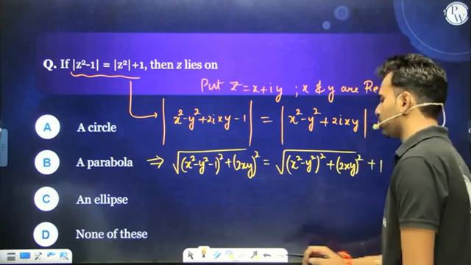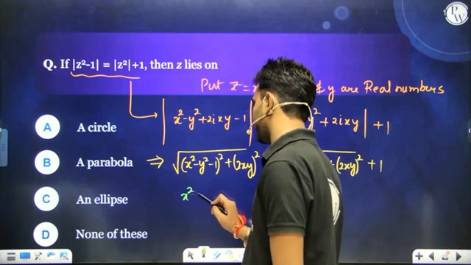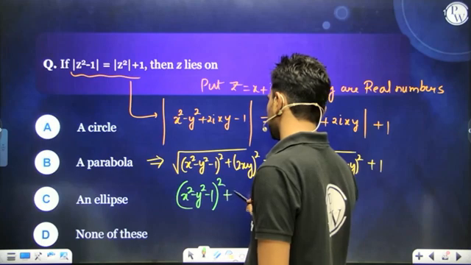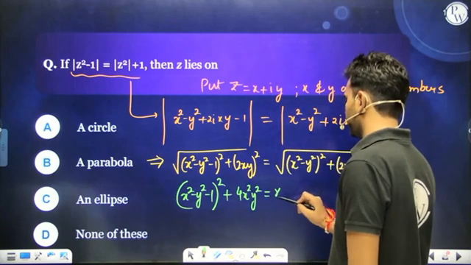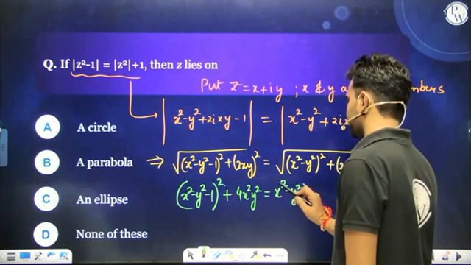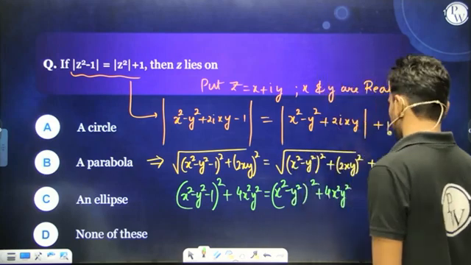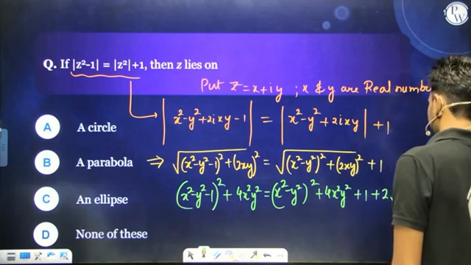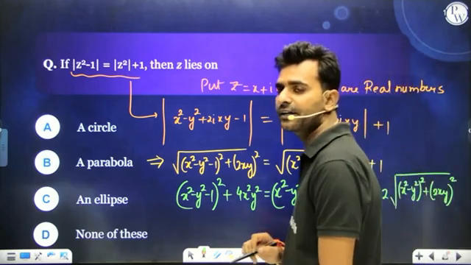Squaring both sides, if you do square both sides, then it is going to be (x square minus y square minus 1) whole square plus 4x square y square equal to, over here if you do square, then it is going to look something like this, plus 1 plus twice of under root (x square minus y square) whole square plus (2xy) whole square. We have done squares on both the sides.